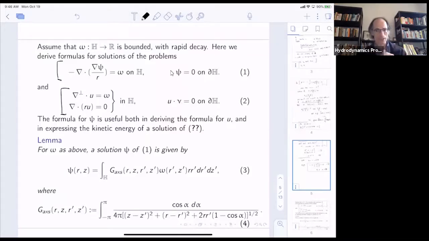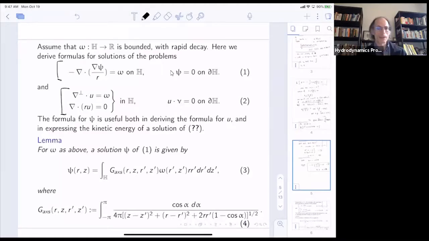So we're seeing what changes. What changes is that the velocity field is no longer divergence free. It has this weight, and this means that the flow is not exactly Lebesgue measure preserving, but it preserves the Lebesgue measure with a weight. And the Biot-Savart kernel looks different.